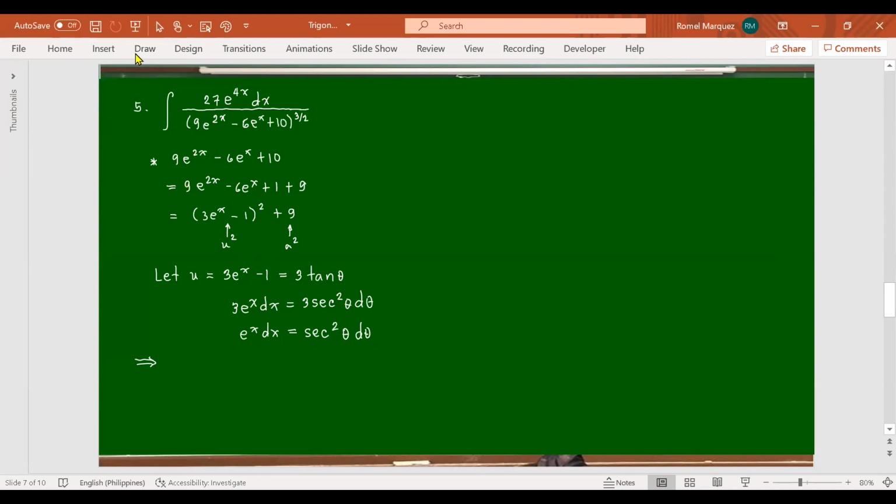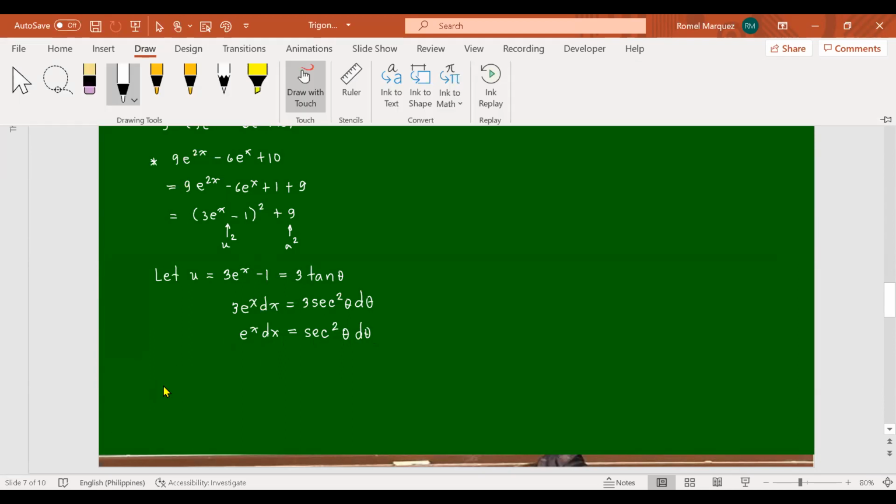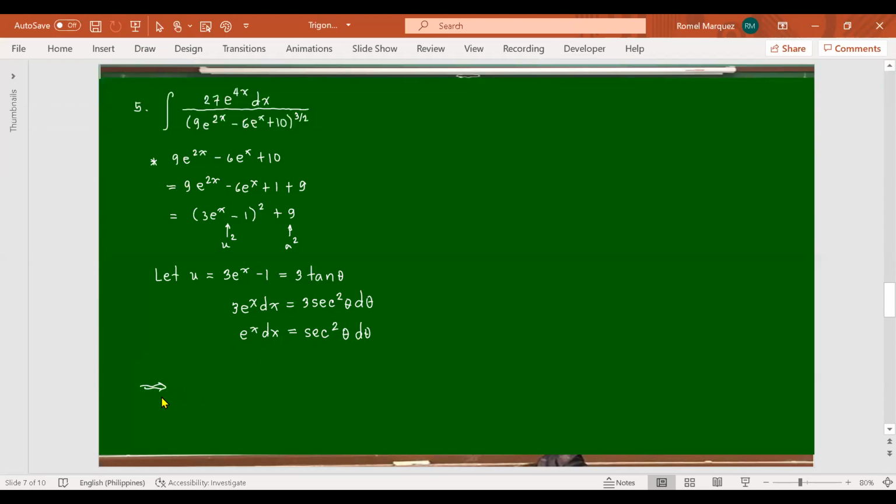Now we have the integral of 27 e to the 4x. I can write that as 3 e to the x raised to 3, that is 27 e raised to 3x, times e to the x dx, which I will use for the e to the x dx.